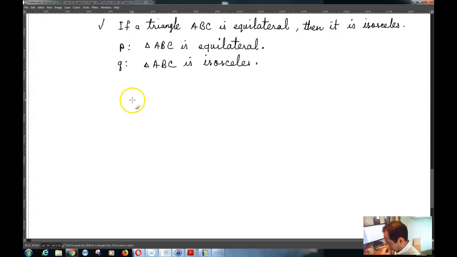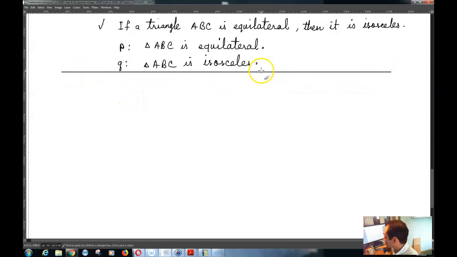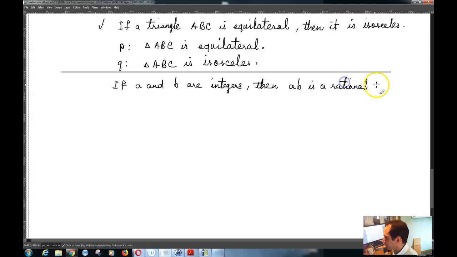Or as another example, we have: if a and b are integers, then ab is a rational number.